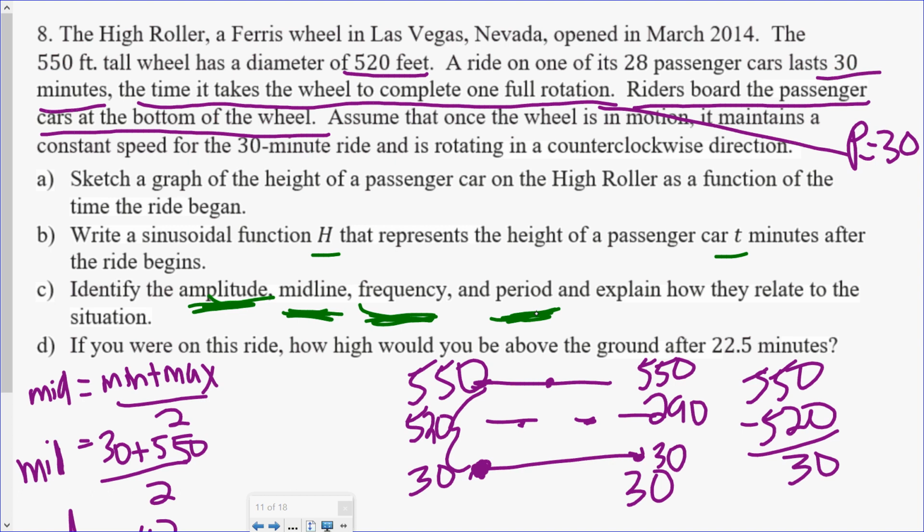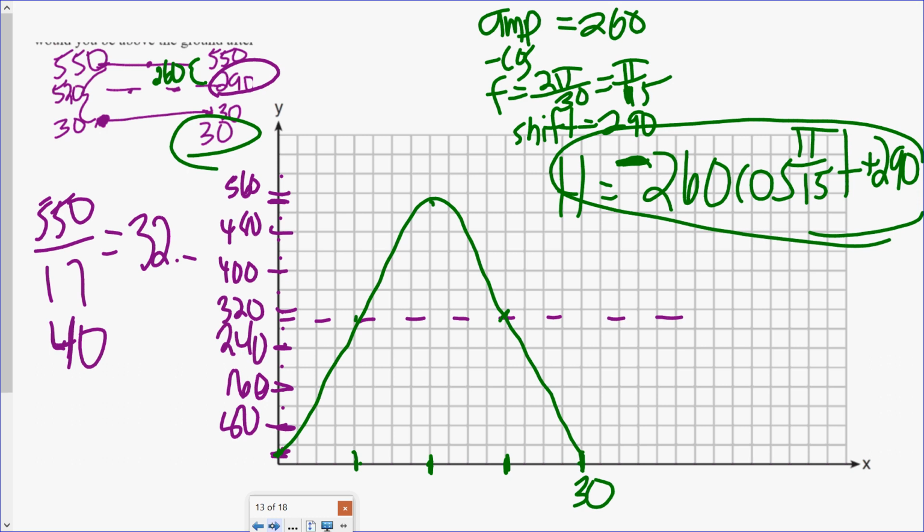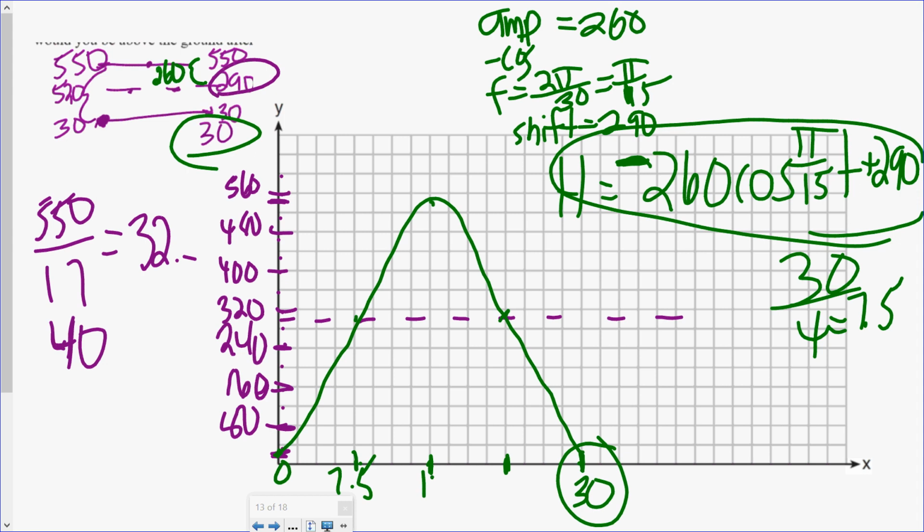If you are on this ride, how high would you be above the ground after 22.5 minutes? Well, for that, we're going to have to cut this in 4. 30 divided by 4 is 7.5. So that means that this is 7.5, another 7.5 is 15, another 7.5 is 22.5, and another 7.5 gets me to 30.